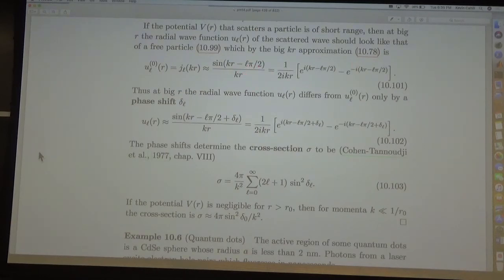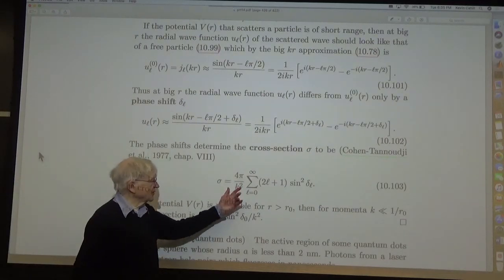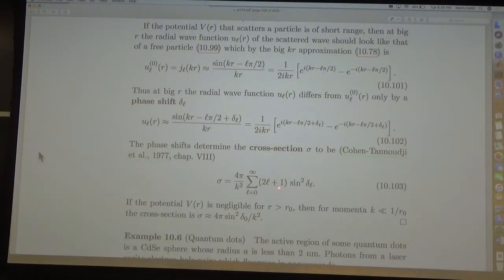So you get this expression, that you can then rewrite in this way, and you can then show that the total cross-section of scattering is 4 pi over k squared times this sum, where the delta L's are called phase shifts.